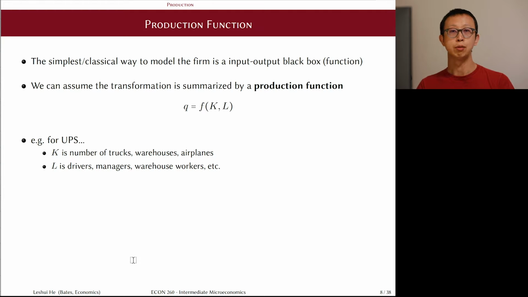In general, if we think about a production process that uses capital and labor to produce an output, then the production function will tell us the quantity of output that will be produced if we put in a certain amount of capital and a certain amount of labor.